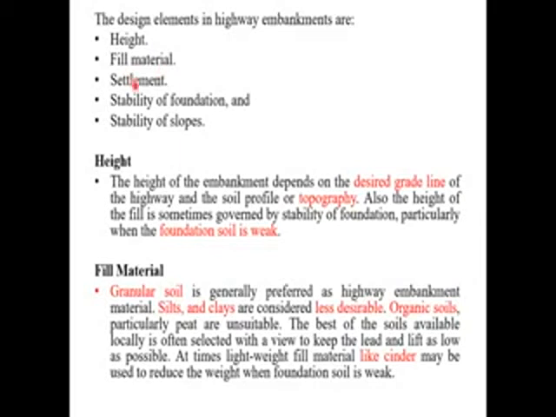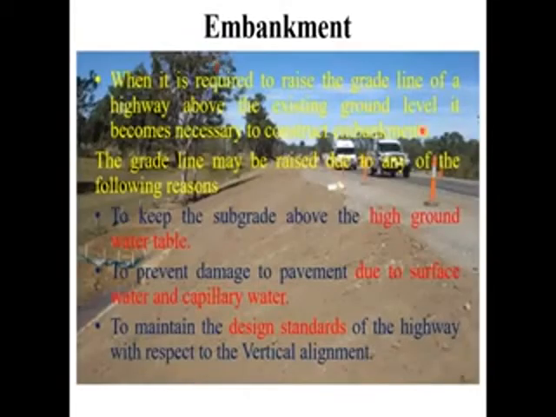So organic soils, silts and clays are not preferred. Only granular soils will be preferred in the construction. You also have to survey the soils available locally, so that the cost of construction is reduced.